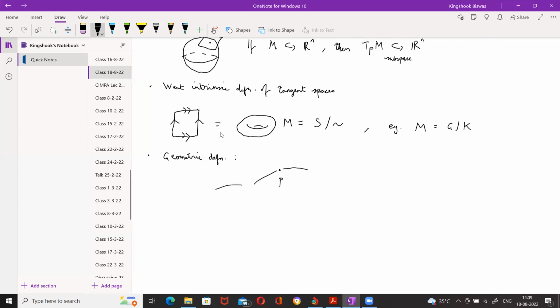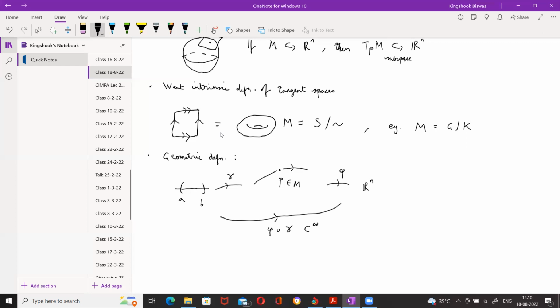Here gamma from an interval AB into your manifold is smooth means that if I compose with a chart, then the curve that I get in Rn, phi composed gamma, is smooth.